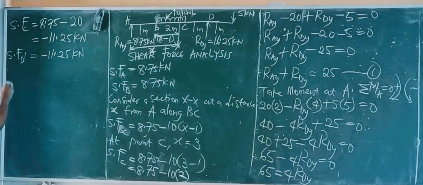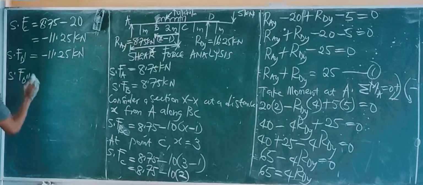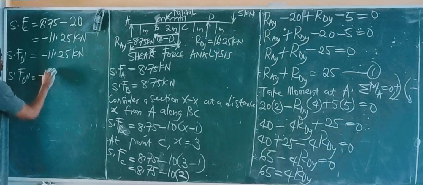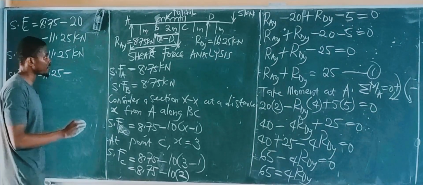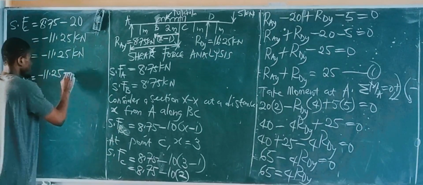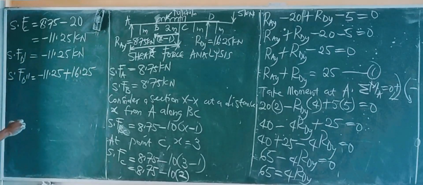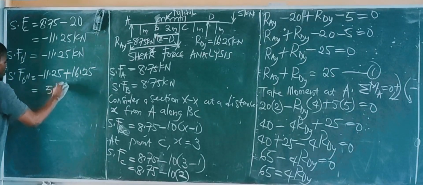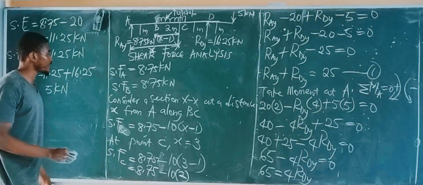So therefore, shear force D prime prime, meaning that finally at point D, this force minus 11.25 now encounters an upward force of 16.25 kilonewtons. So that is plus 16.25 kilonewtons, and this is now equal to 5 kilonewtons.